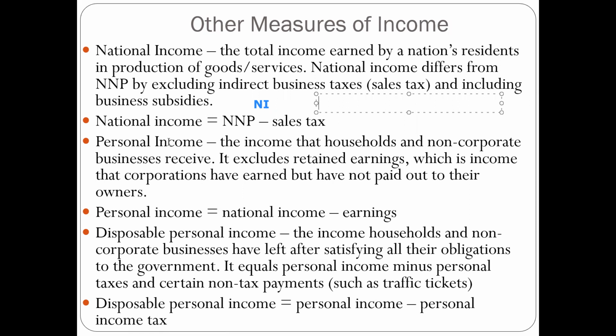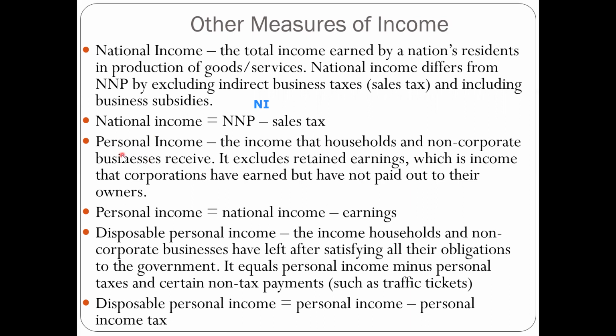For personal income, it's the income that households and non-corporate businesses receive. الدخل الشخصي هو الدخل الخاص بالهاوسهولد، السكان المحليين أو القطاع العائلي. We here exclude the retained earnings، الأرباح المحتجزة، نستبعدها من ال personal income.